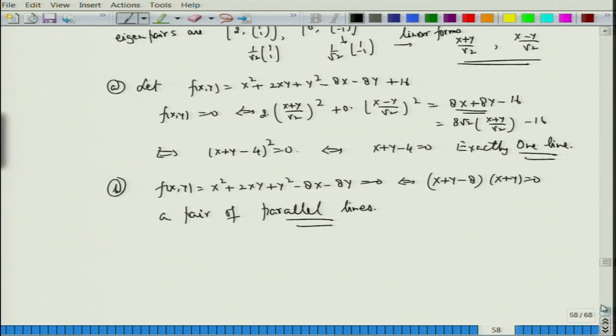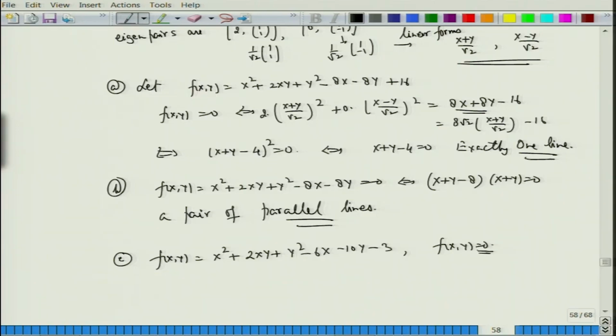The next idea was that in this I got what is called a parabola. So let me take another example, C, for which I get a parabola. So f(x,y), I define it to be x square plus 2xy plus y square minus 6x minus 10y minus 3. I take this, all right. And I am looking at f(x,y) equal to 0.